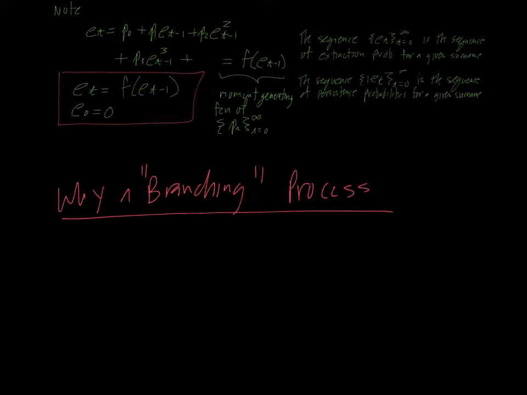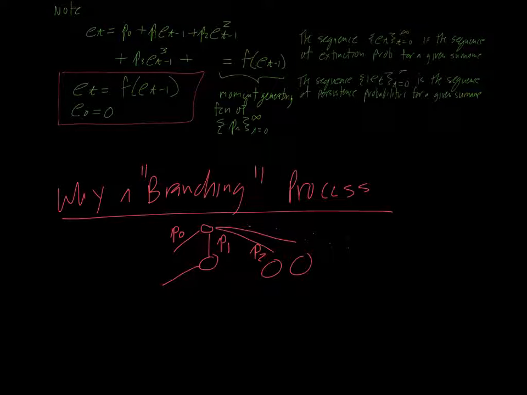And the answer, I think you can imagine if you have some background in probability, is that this whole thing starts with one individual, okay, and they'll have 0 offspring with a certain probability. They'll have 1 offspring with a certain probability. They'll have 2 offspring with another probability, and so forth. Okay, and then each one of those individuals has the same structure.